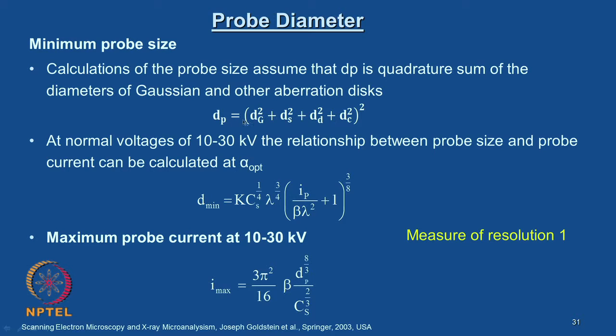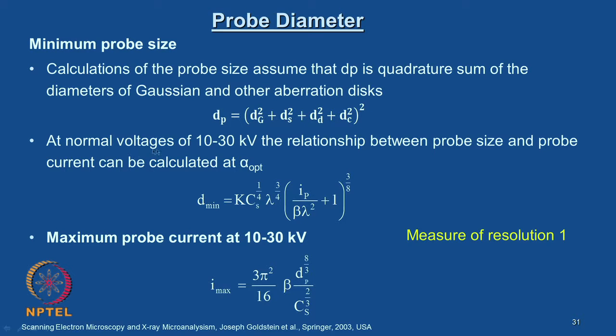You see that dP is equal to dg, where dg is the Gaussian probe diameter, and ds square, spherical aberration diameter, plus dd square, this is the diffraction disk, plus dc, which is chromatic aberration. Sorry, I just made a mistake, this is not whole to the power half, it is square. So, dP is equal to dg square plus ds square plus dd square plus dc square, whole to the power half.